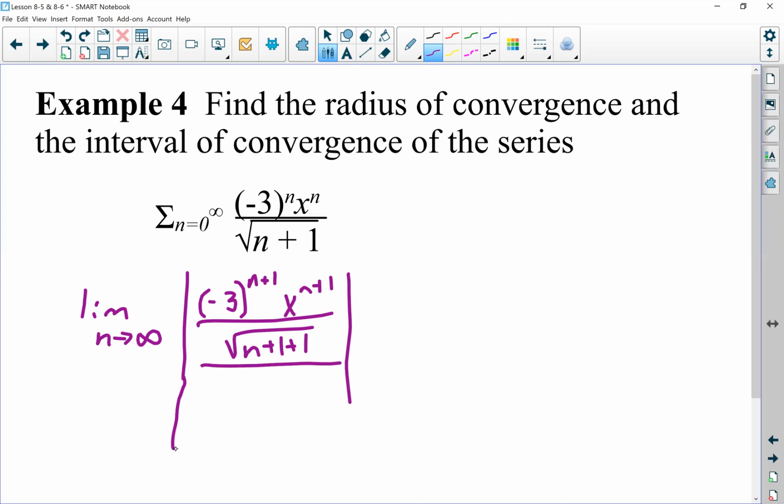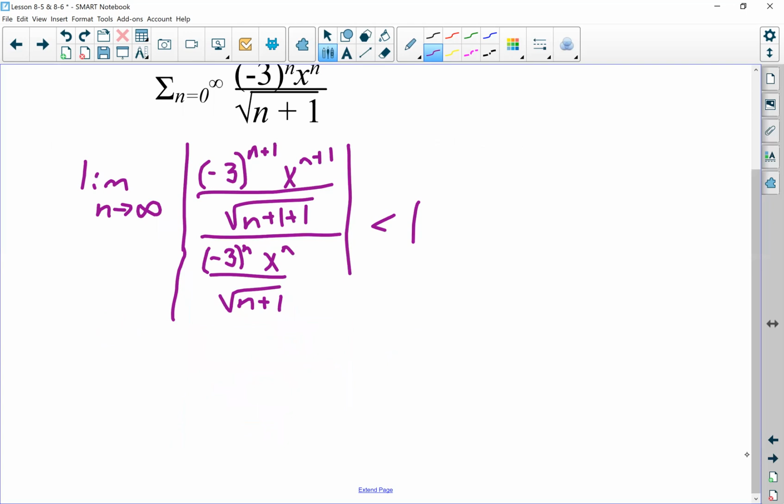So underneath that square root, I have n plus 1 plus 1. Okay. And we're guaranteed it's convergent if that thing is less than 1.